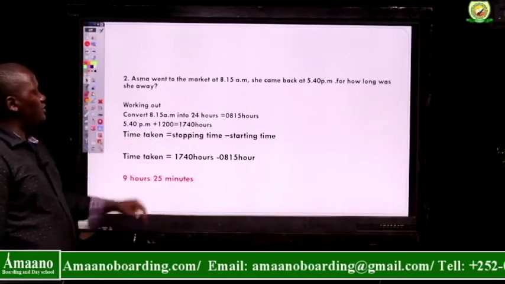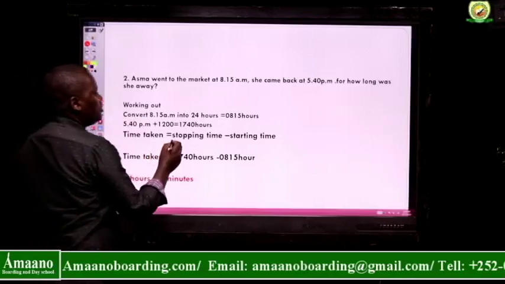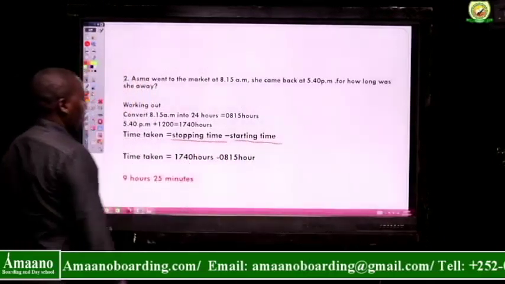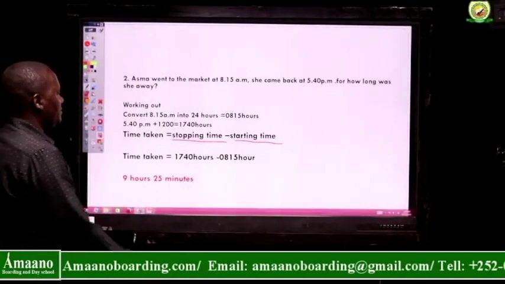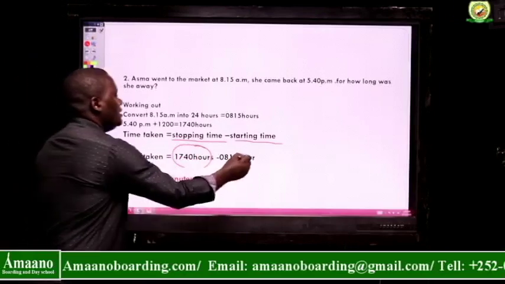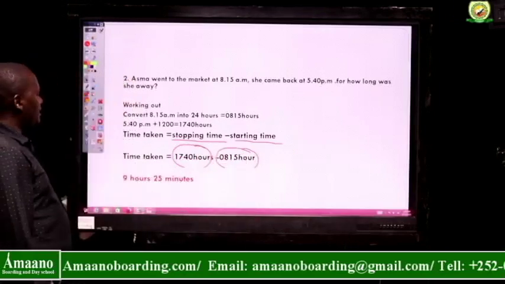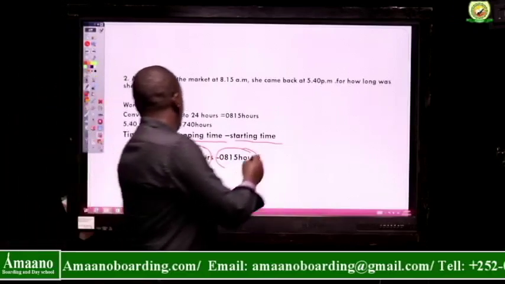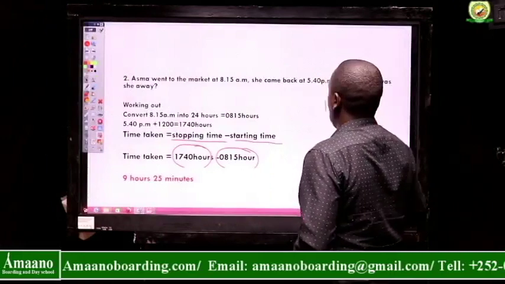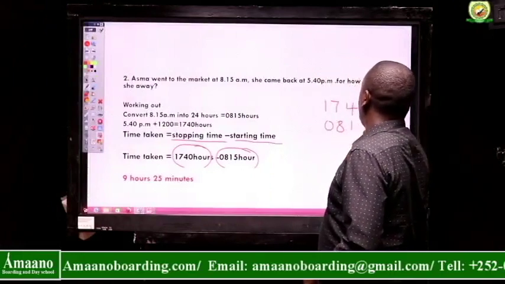Time taken equals to stopping time minus the starting time. What was the stopping time? 1740 hours. Starting time, it is 0815 hours. Time taken, it's going to be 1740, I take away 0815.